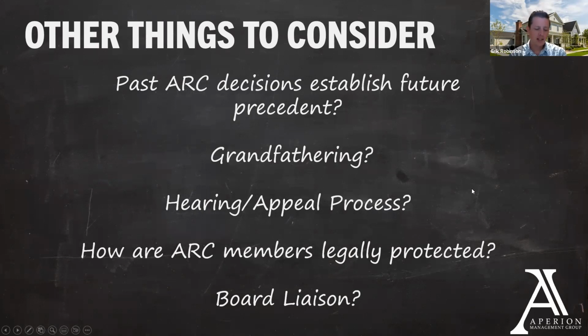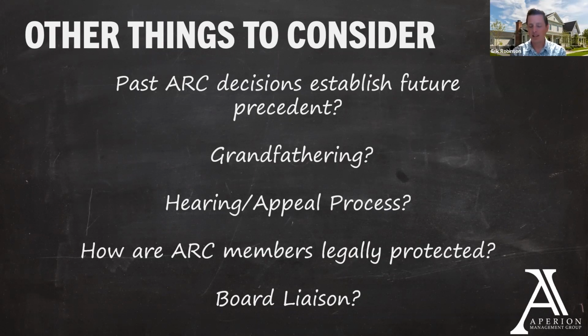One question, this is going to come up guaranteed anytime an architectural review committee does not approve something or approves it with conditions. That owner, that applicant who gets that news is going to go around your community and see if that thing that they want, that they're being told no, exists anywhere else in that community.